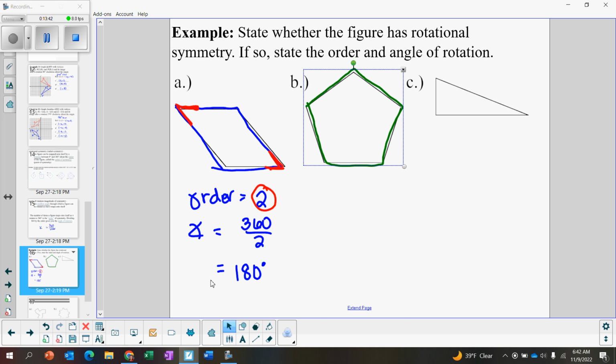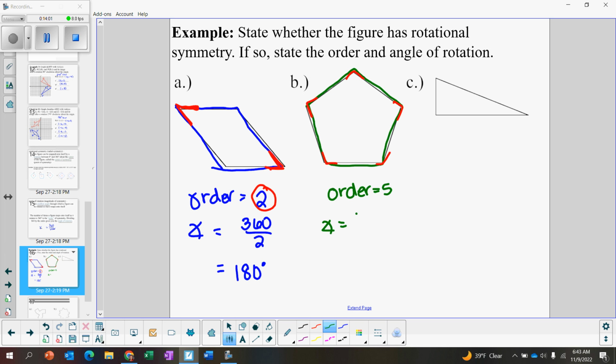So there's an order of 5. And I had 1, 2, 3, 4, 5 equally spaced parts of my figure. So my angle will be 360 over 5, or 72 degrees.